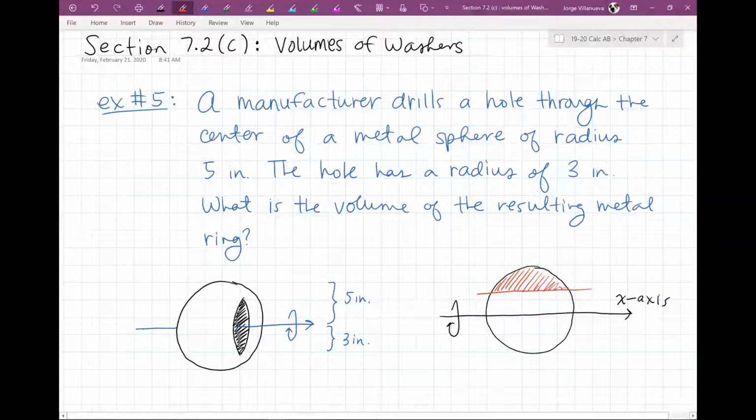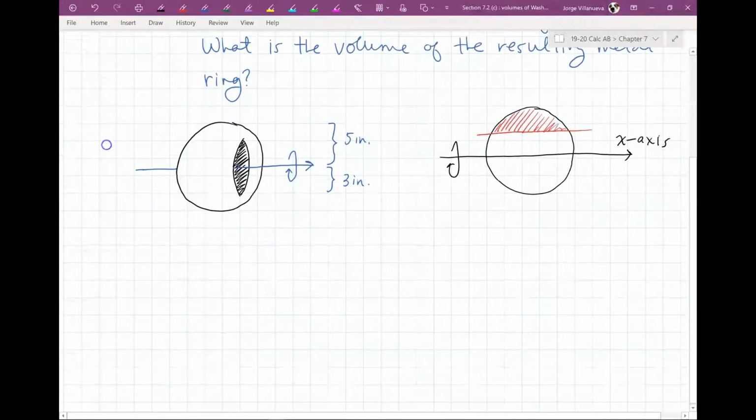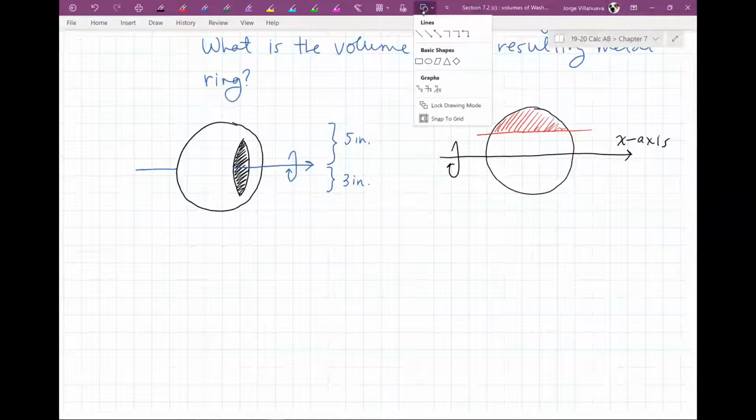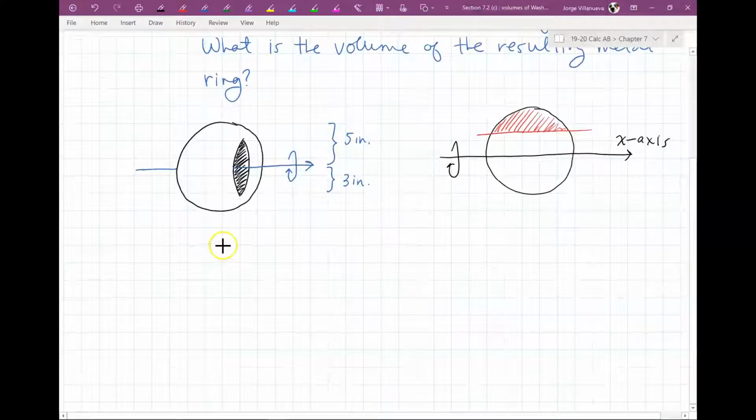If I keep the top part and I spin that little area that I drew really quickly, I will get a sphere with a hole in it. Do you guys see that? There's going to be a sphere with a hole in it. Because the other way, without me slicing it, I'm just going to get a solid metal sphere. Okay? So now the question is, what's the formula for it?